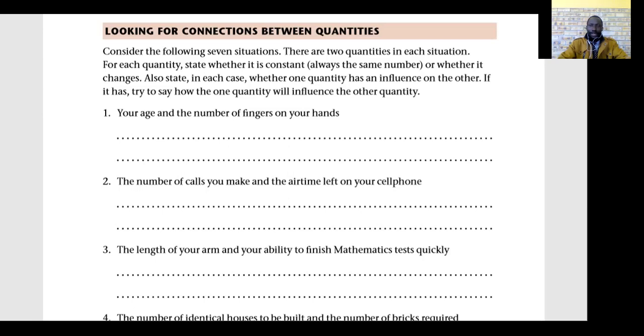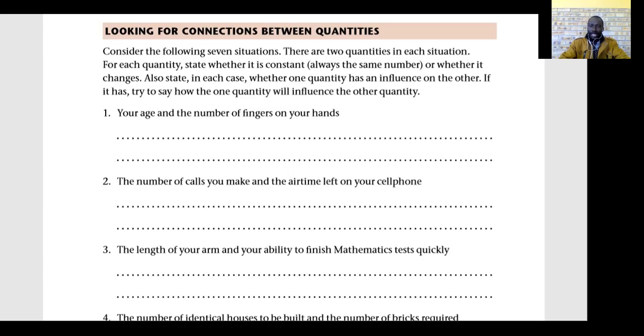These are the fingers. Do they change with your age? For example, when you're celebrating your 8th birthday, will you have more fingers? When you're celebrating your 10th birthday, will you have more fingers? So in this case, fingers on the hand becomes the constant quantity.